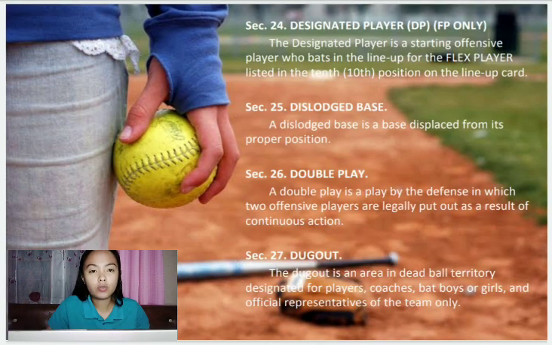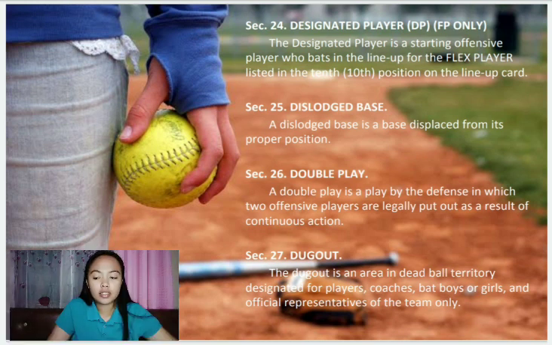Next section is section 24, the designated player. The designated player is a starting offensive player who bats in the lineup for the flex player listed in the 10th position on the lineup card.